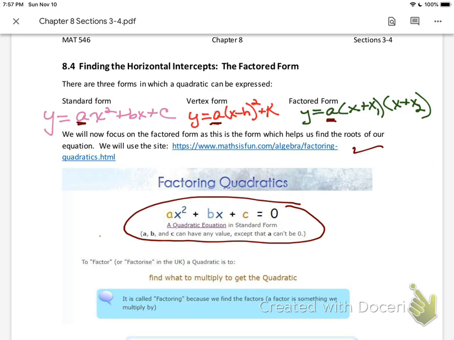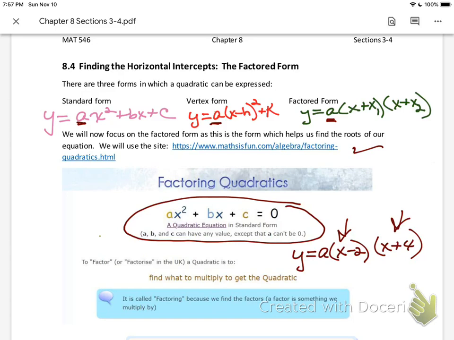It's called factoring because we find the factors. A factor is something we multiply by. So, for example, if I said y equaled a times (x minus 2) times (x plus 4), these would be our factors. They are what we multiply together in order to get the standard form back.